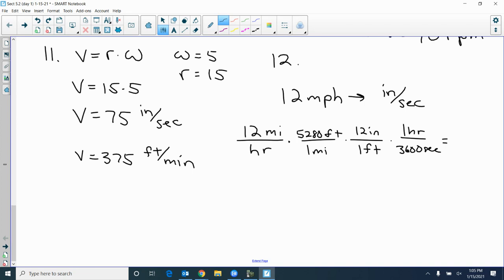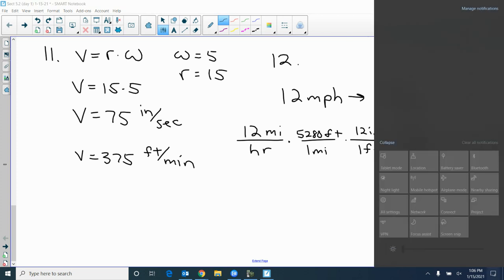So I think that'll work. 211.2 inches per second.